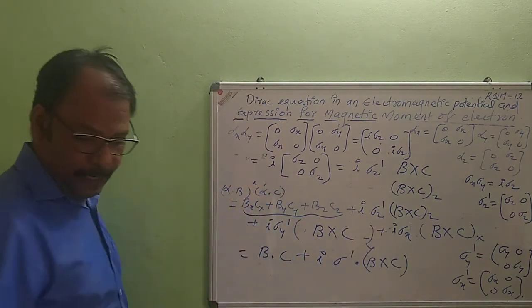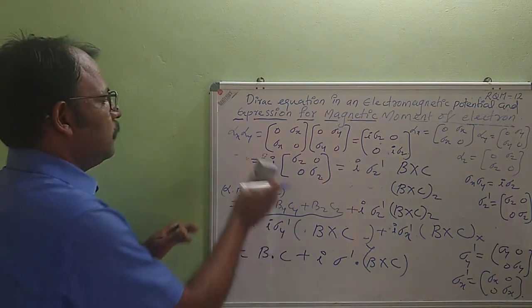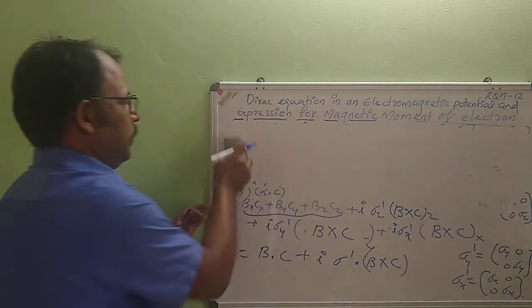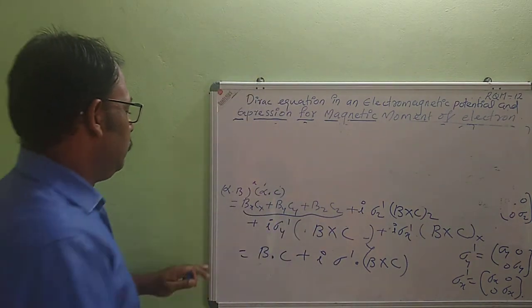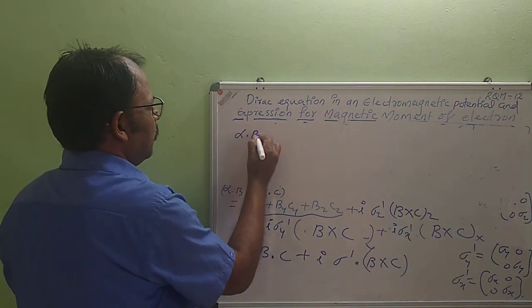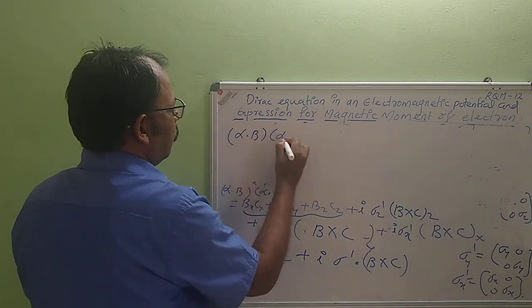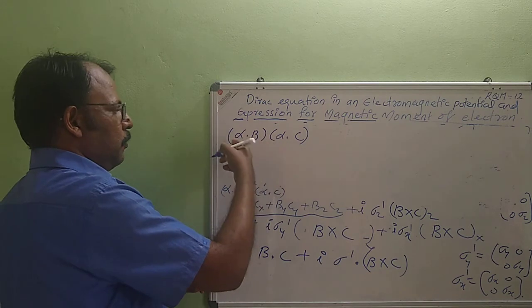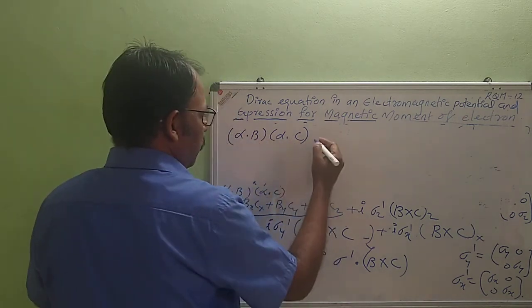So we have written an identity. We have obtained the identity: alpha dot B into alpha dot C, where B and C are operators commuting with alpha. They need not commute with each other.